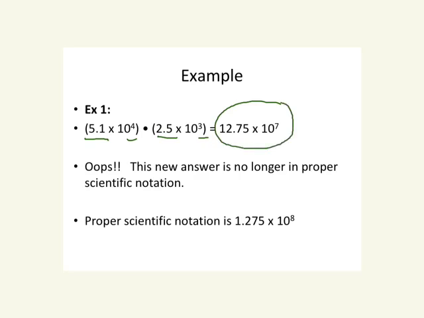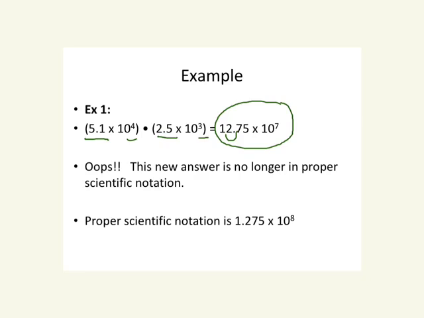Now if you think back to the teaching video from last night, you'll notice that this is not truly in scientific notation. As you can see, as I have written below, this new answer is no longer in proper scientific notation form because that number out front, the coefficient, has two numbers to the left of the decimal point. And as we talked about yesterday, you can only have one. So we would need to move that decimal point one spot to the left.